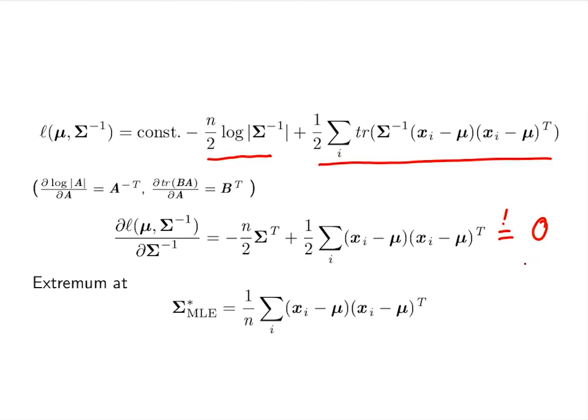And if we do some algebra here, we find out that the maximum likelihood estimate of the covariance matrix is actually the empirical covariance matrix. And again, this is something that you probably know from somewhere, but now we've shown why this is mathematically correct. And of course, the underlying assumption here was that we are doing a maximum likelihood estimation.